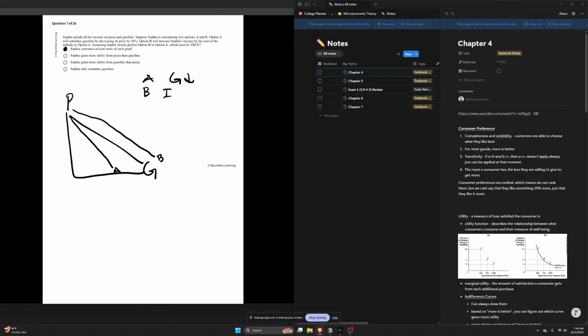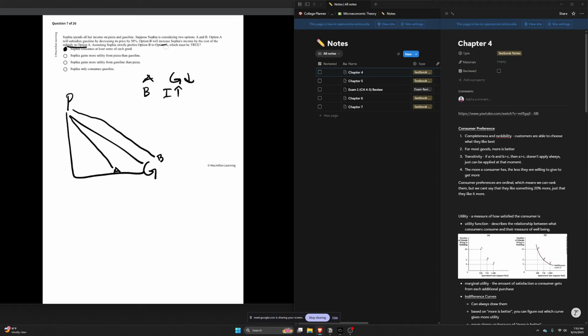So income or purchasing power goes up. So that's going to shift the entire line. And then assuming Sophia, oh wait, option B will increase Sophia's income by the cost of the subsidy in option A.